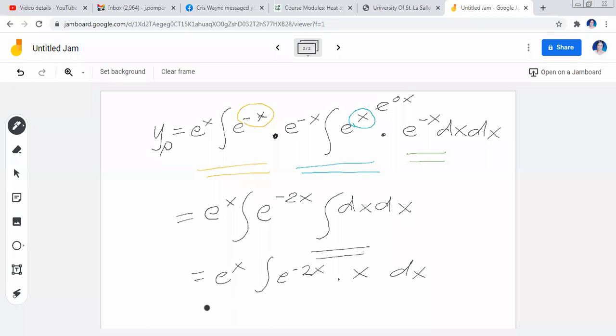So the next process that you are seeing here is you need to integrate the integral of x e raised to minus 2x dx. Okay, you need to process this. And of course, that will need integration by parts.